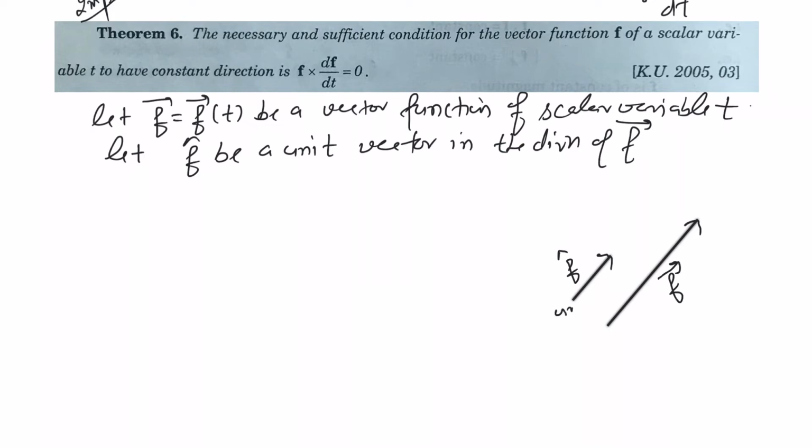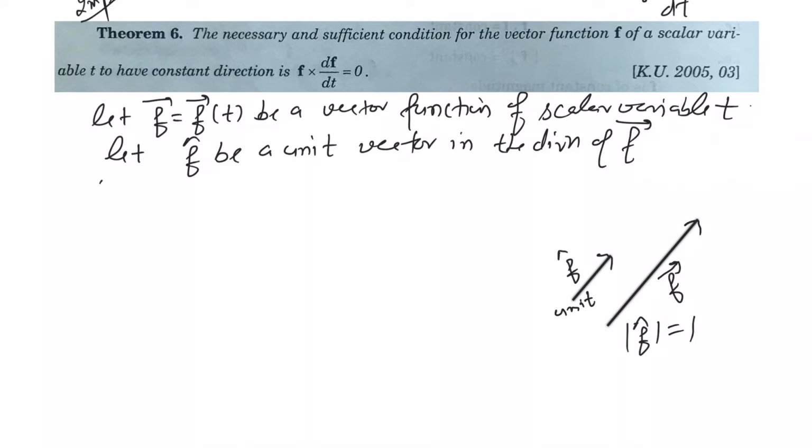This is a unit vector. A unit vector is a vector that has unit magnitude. So the magnitude of f cap is equal to 1, and it is in the same direction as that of f. Both have the same direction. So we have assumed that f cap is a unit vector in the direction of f.